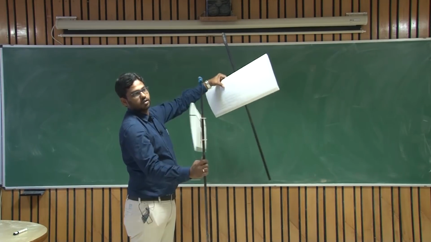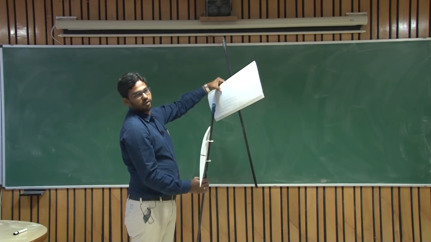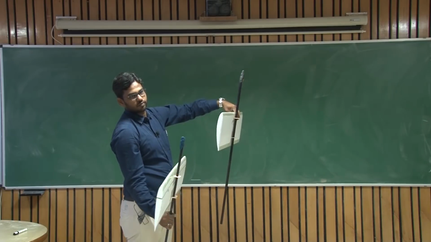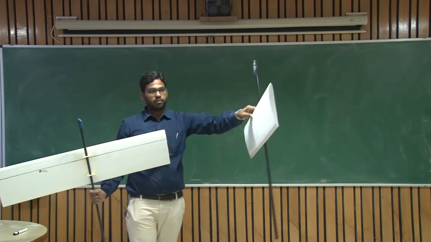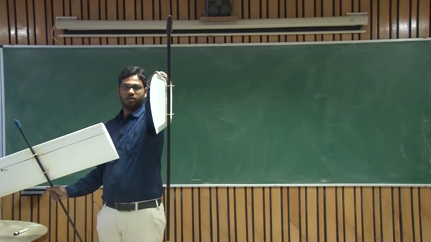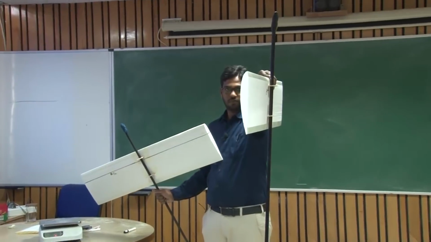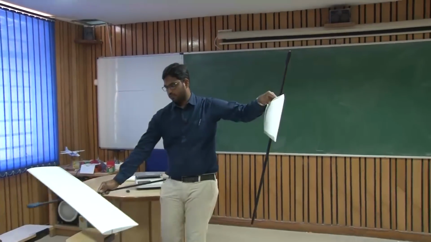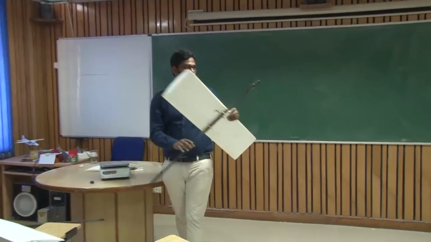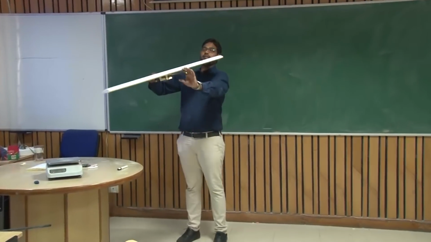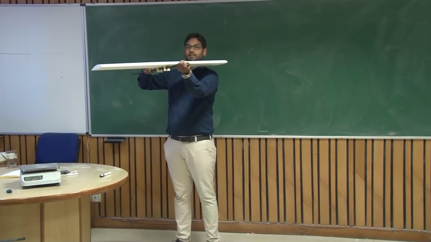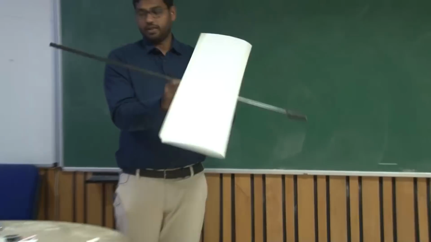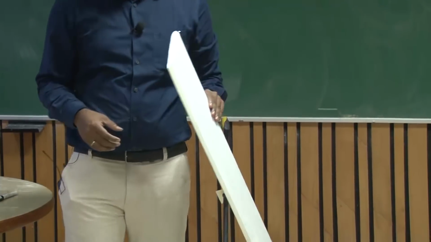The one in my right hand is with a symmetric aerofoil, and the one in my left hand is with a cambered aerofoil, right? Now I have already attached some molding clay to this configuration, and I am going to throw this. Both of them have similar chord.